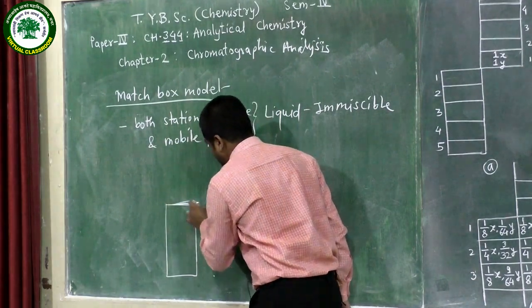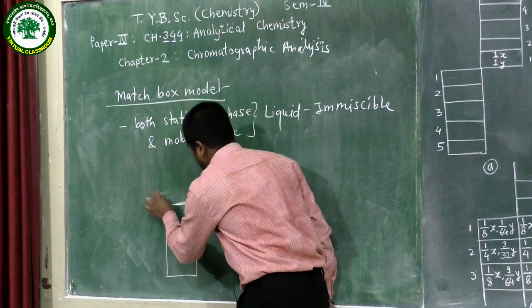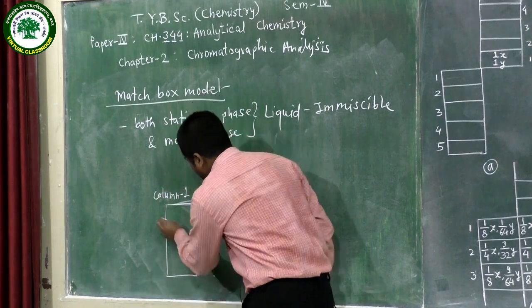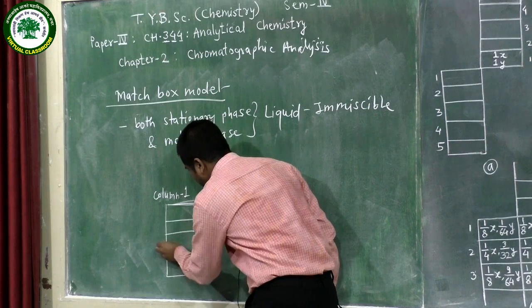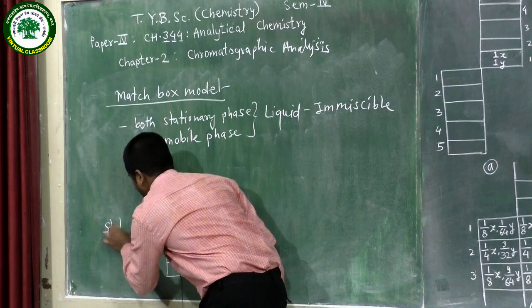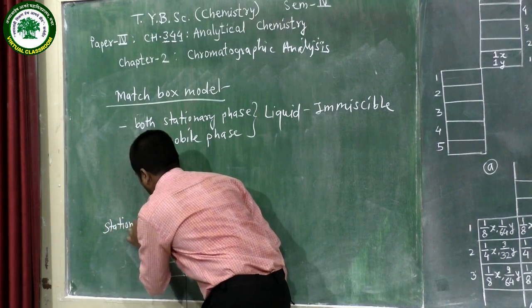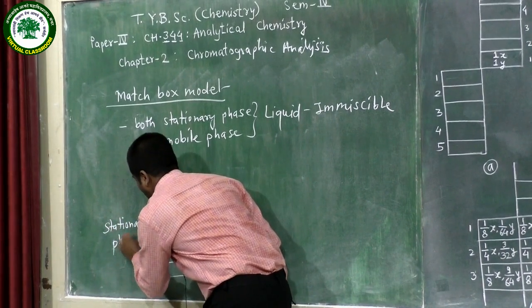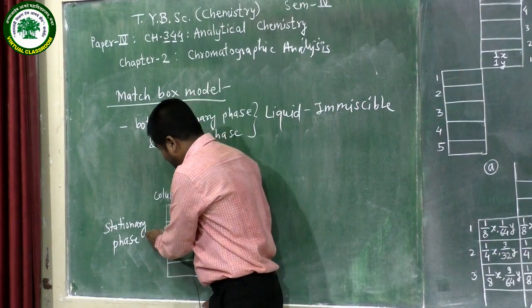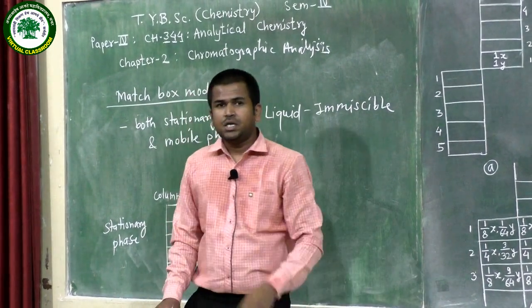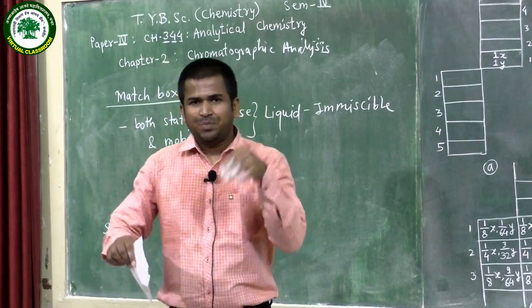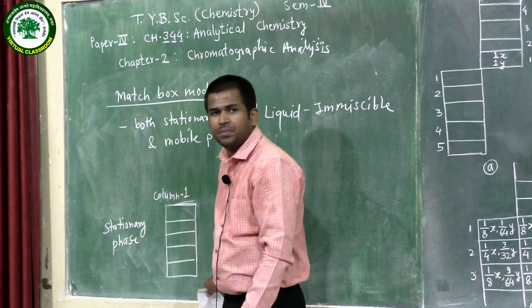Column 1 is the stationary phase. Here the liquid stationary phase is supported on an inert solid support and packed in column 1.